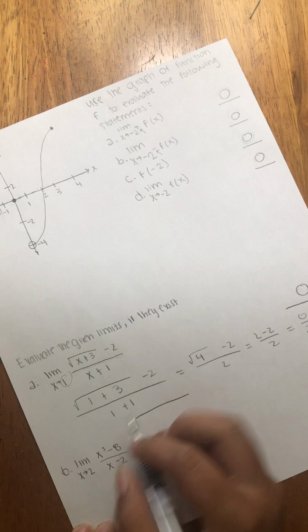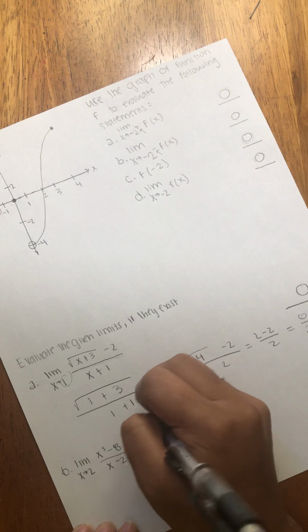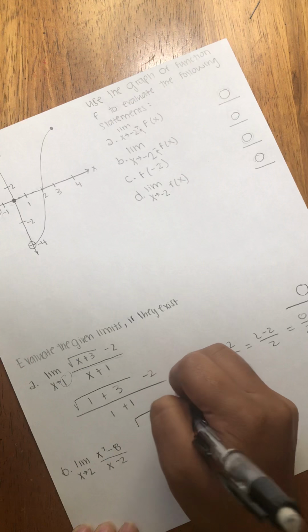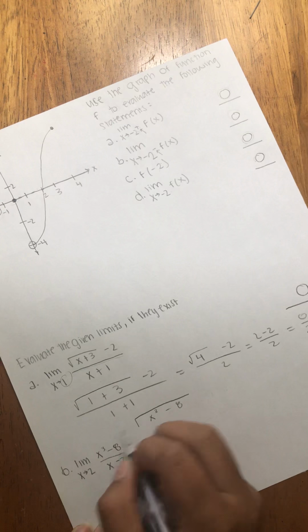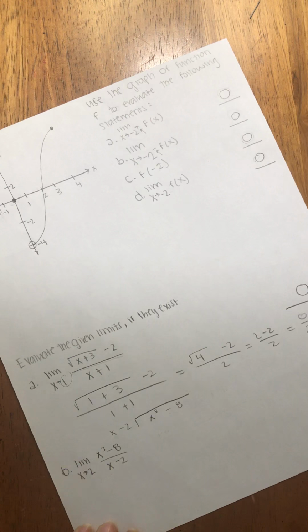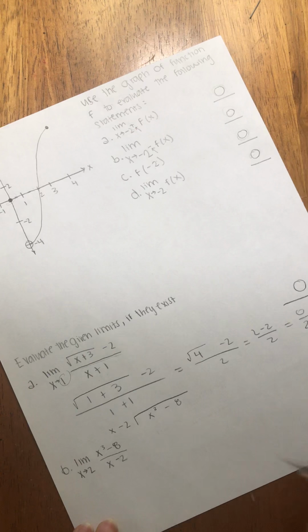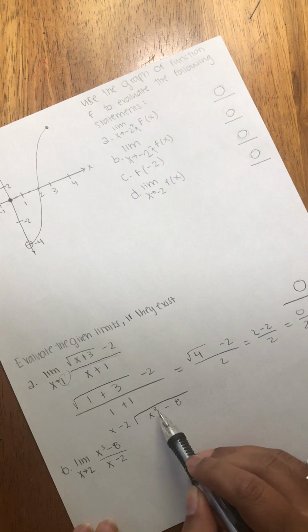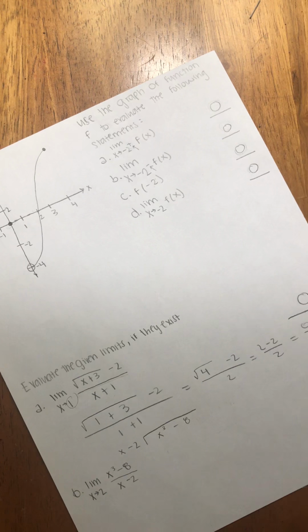So I'm going to put my work up here. Inside of here, we would have the numerator, so it would be x to the 3rd minus 8. And on the outside, we would have the denominator, which is x minus 2. So now we ask ourselves, x multiplied by what would equal x to the 3rd? The answer is x squared.